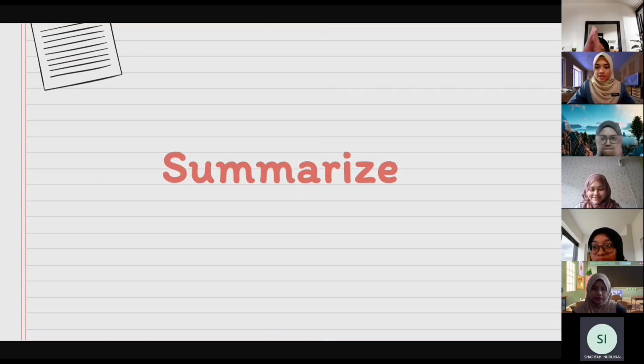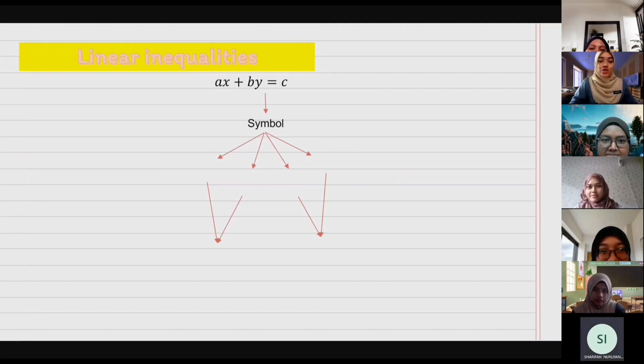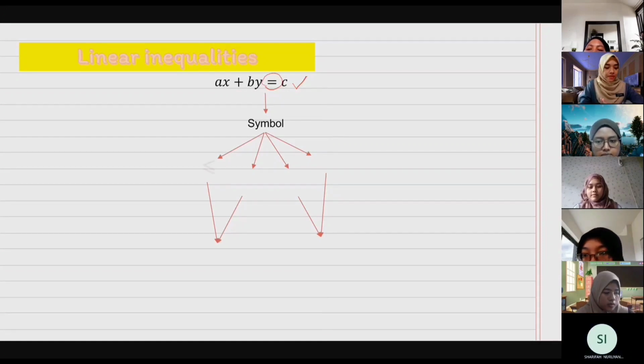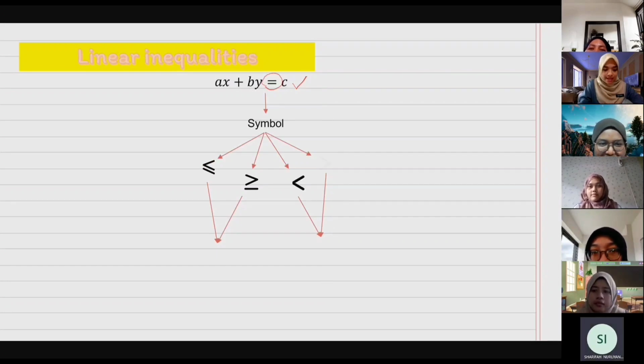Today we learned about linear inequalities. Yes, true. Thank you, Umi, for your explanation. This is the linear equation, and if we change the equal symbol here with the four important symbols, which are less than or equal, greater than or equal, less than, and greater than, it becomes the linear inequalities.